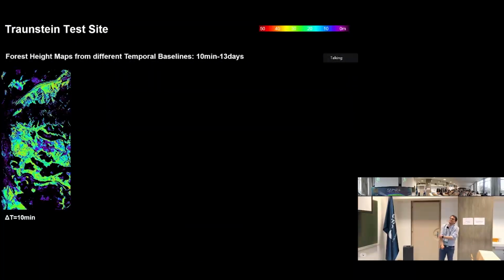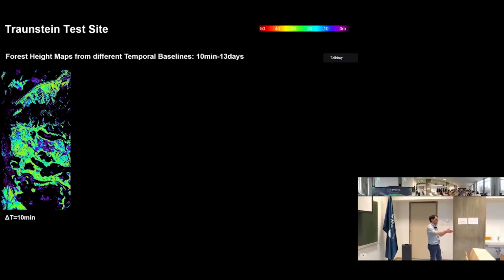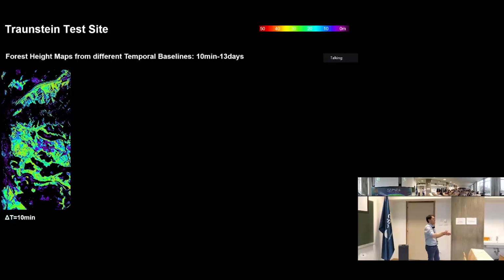But another effect which is also important to say is that if you have this repeat-pass configuration and you change the revisit time, you can make it from smaller to larger, the temporal decorrelation is not, how to say, uniformly going down.